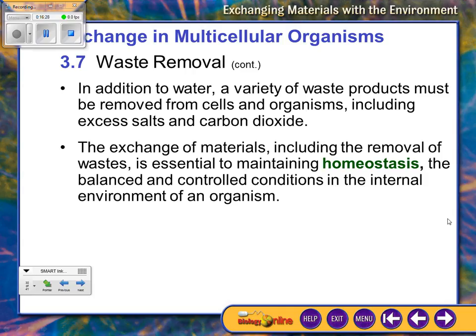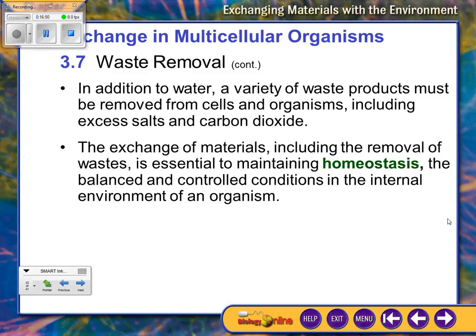Okay, this leads us to this very important vocab word. What does homeo or homo mean? Same. Okay? Homeostasis. Stasis also means same. It's kind of redundant. Where there's not a lot of change. You're in stasis. So this is where the stuff we need has to stay in homeostasis.